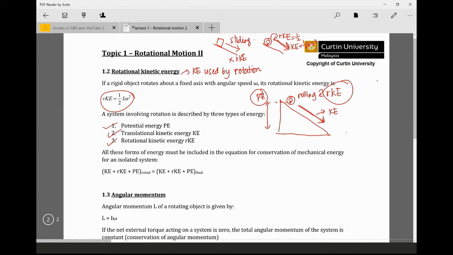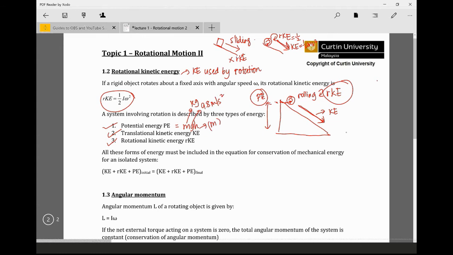So I want you to recall, what is the formula for potential energy? Anyone wants to write your answer? MGH. MGH, very good. Potential energy is equal to mgh. m is the mass in kg, g is gravity acceleration, which in your syllabus is 9.8 meter per second squared. h is the height, in meter.